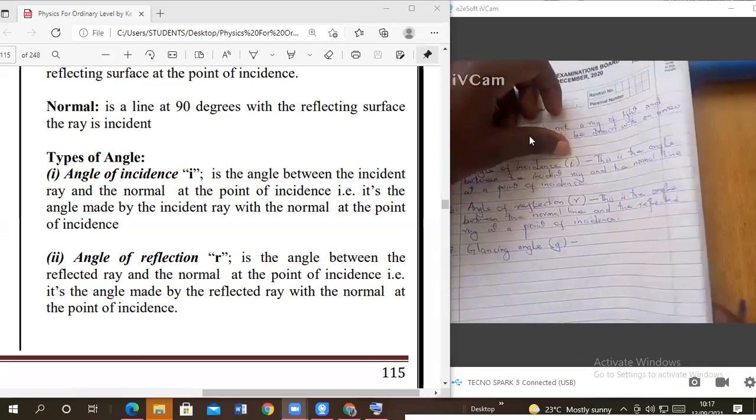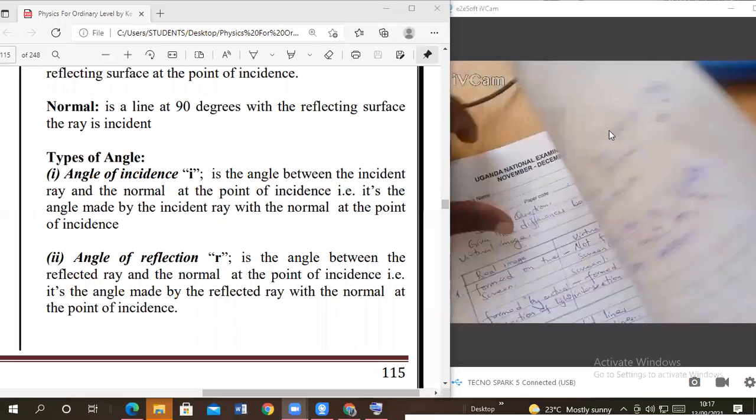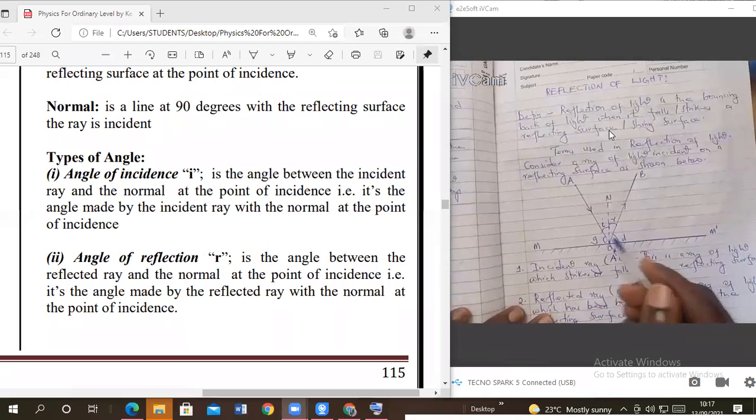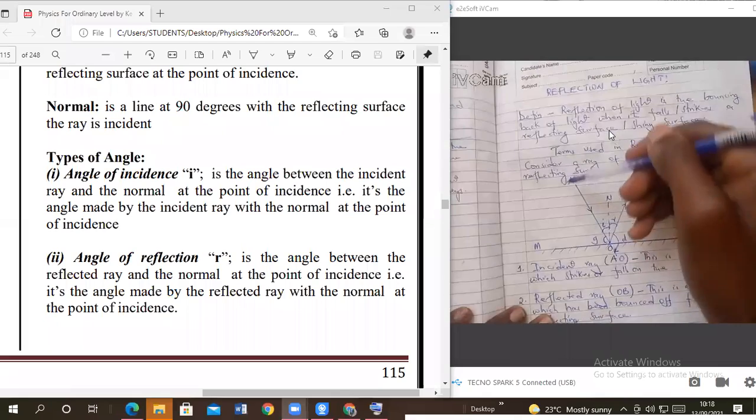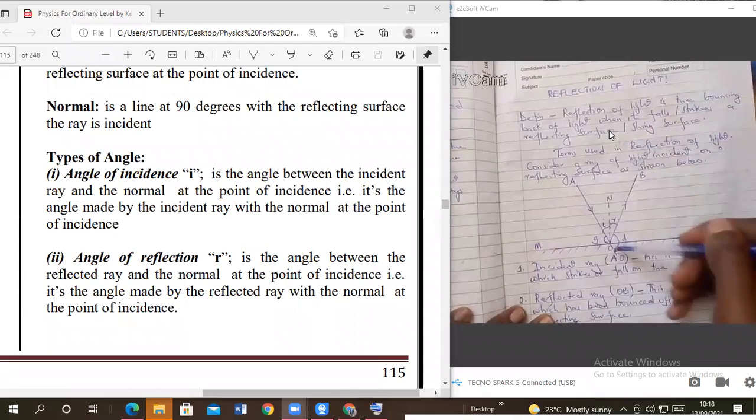Who can define that angle? When you look at it from the red diagram here, this is the angle we are talking about. Is it this one? What is that angle?